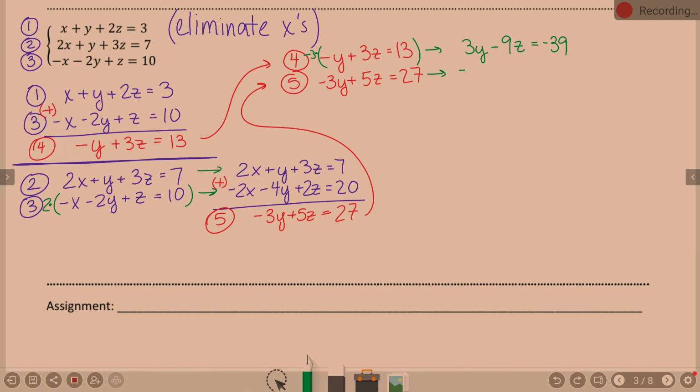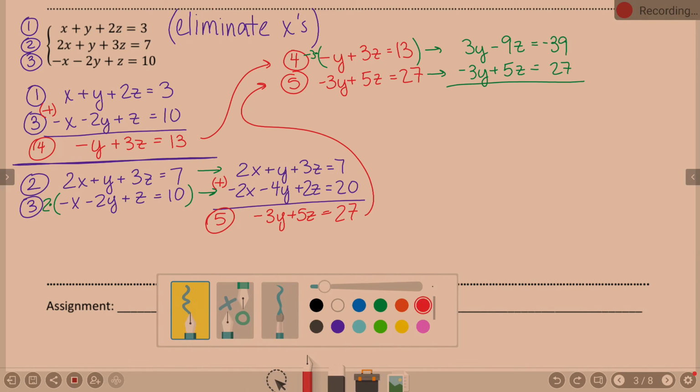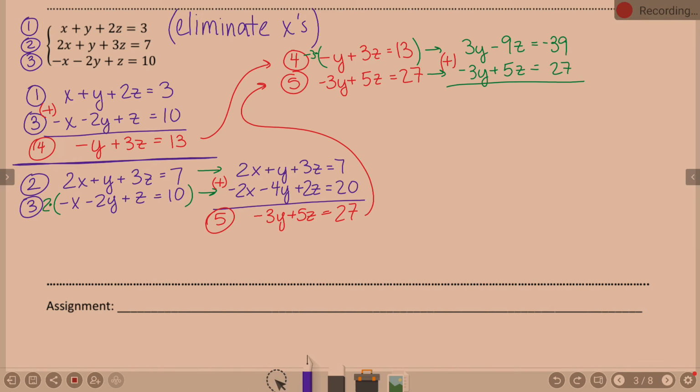Bottom row carries over as is. Negative 3y plus 5z equals 27. Okay. Y's are opposite, so we're going to add. We're almost there, aren't we?